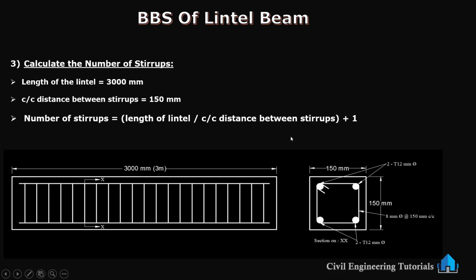So 3000 mm divided by 150 mm center to center distance, plus 1. We are getting 21 numbers. So number of stirrups we have calculated is 21.